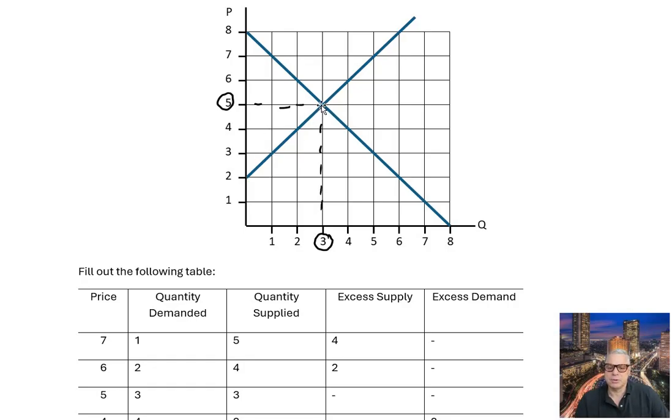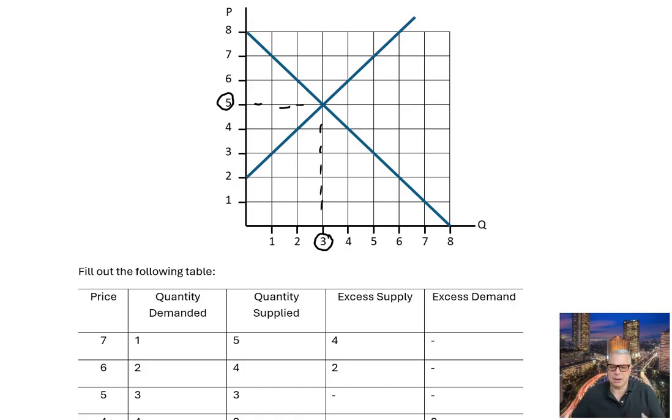And between 0 and 3, we have only producers who can actually sell below a price of 5. But to the right of 3, you have only consumers whose willingness to pay is less than anybody else's willingness to sell, so they will not get to meet.